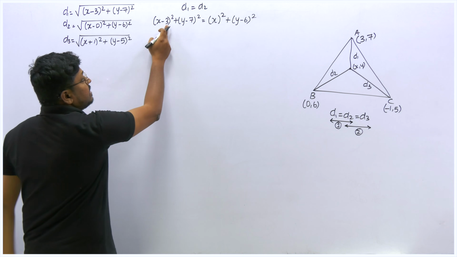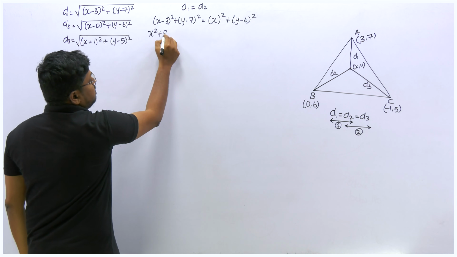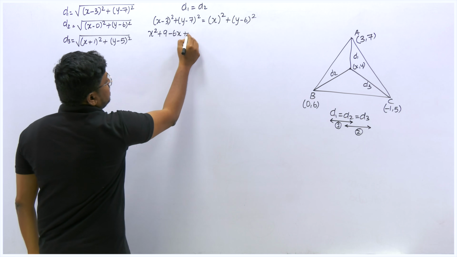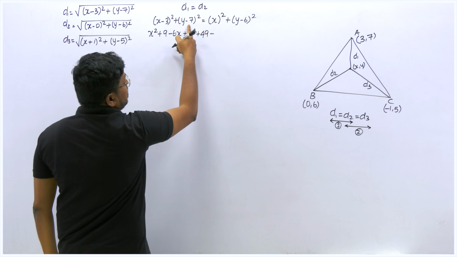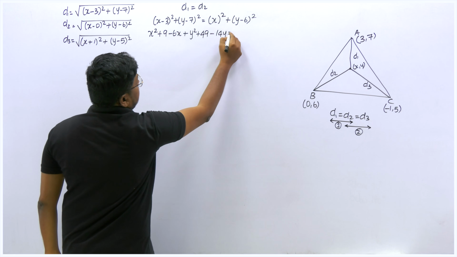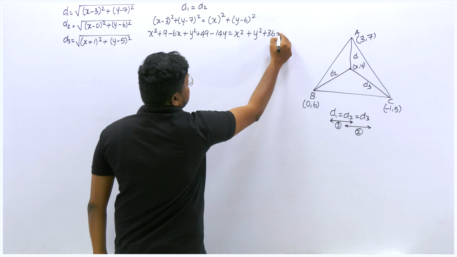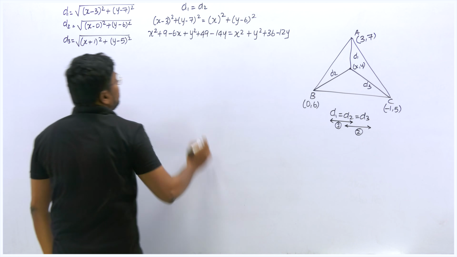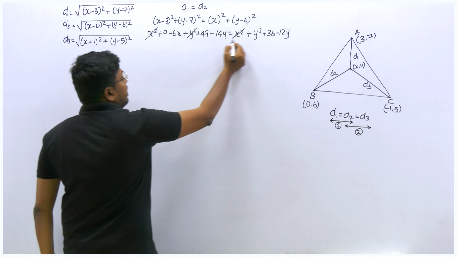Now x minus 3 the whole square: (a minus b) the whole square is a square plus b square minus 2ab. So x square plus 9 plus y square plus 49 minus 14y is equal to x square plus y square plus 36 minus 12y. Now we can cancel x square and y square.